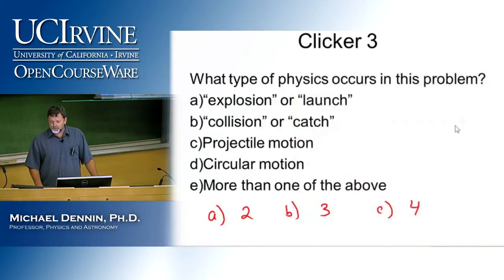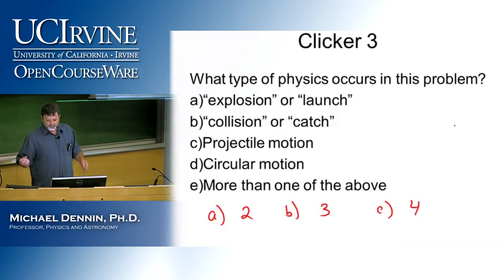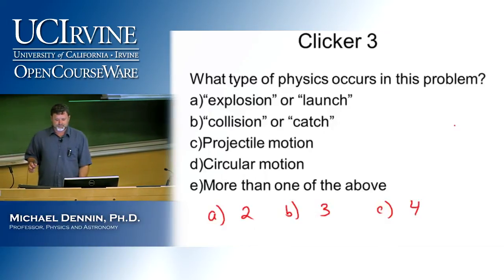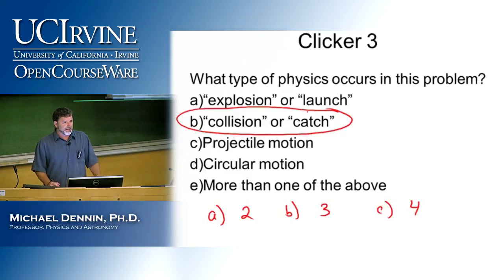So given that we think it's 3, let's first ask, which is the obvious one that is in here? Well, the big one, we clearly have a collision and catch when the two collide together, right? Now, which one is obviously not in here? And it's not quite as obvious.